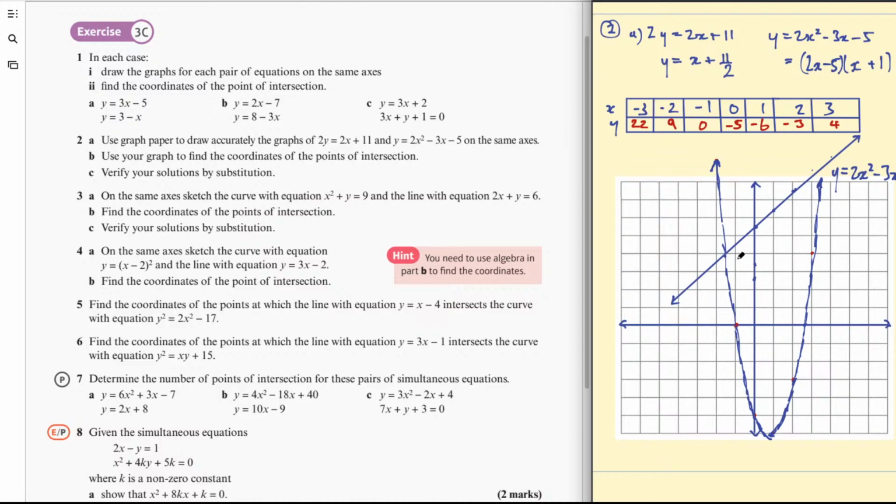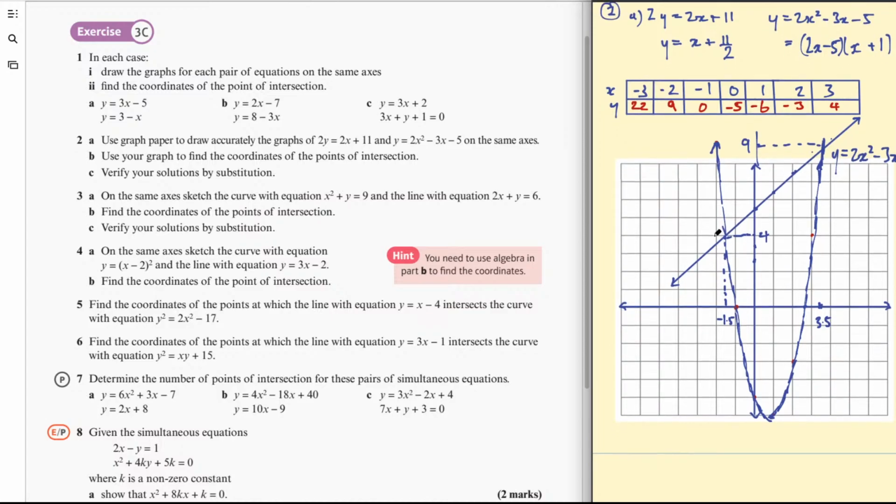This point here definitely looks, oh, it was 4. So that's definitely a 4. This is a -1.5. What about this one up here? This looks like a 3.5 and a 9 by the looks of it.